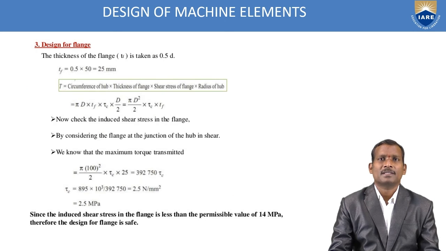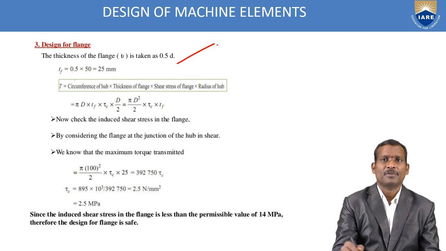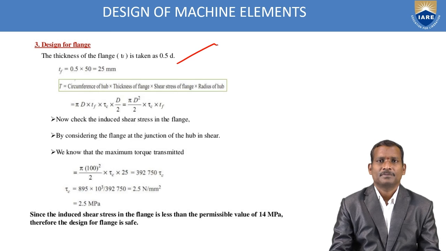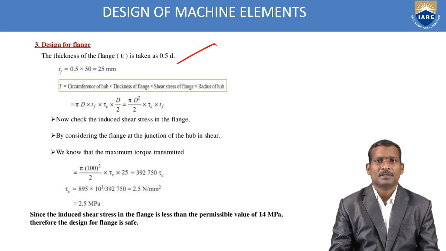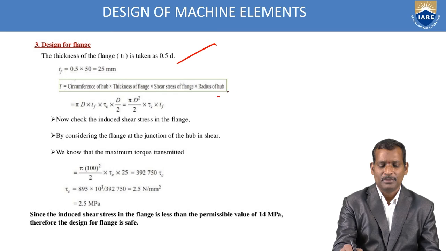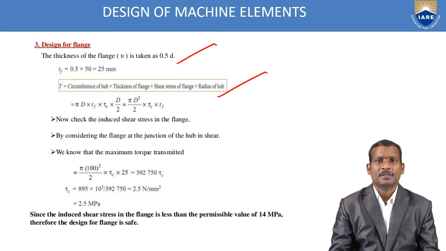Next, third one, design for flange. The thickness of the flange is taken as 0.5 times D. And calculate torque transmitted: circumference of the hub into thickness of the flange, multiplied with the shear stress of the flange and the radius. Already you know this equation.